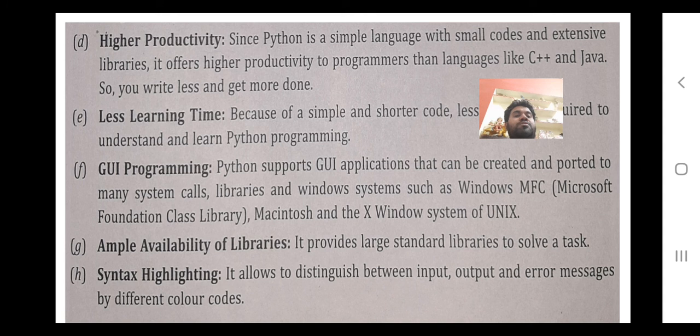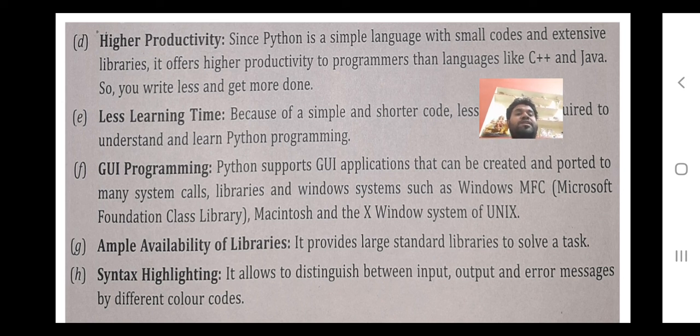If you want to find cos theta, tan theta, sec theta, any value you can get using this math module. Similarly, other modules are also available. For string handling there is a module, for input there is a module, for displaying there is a module. So it has a large standard library.